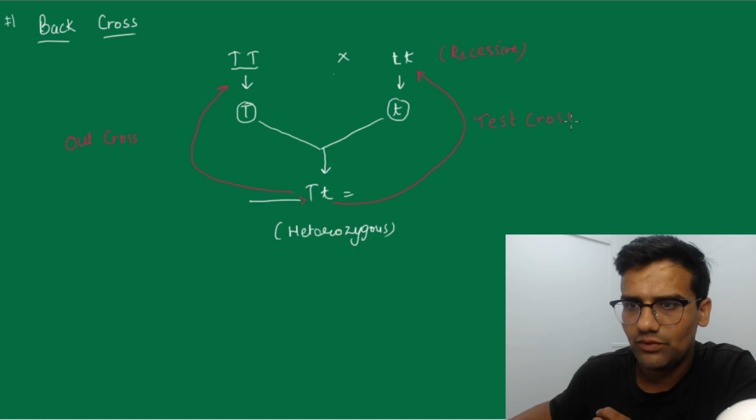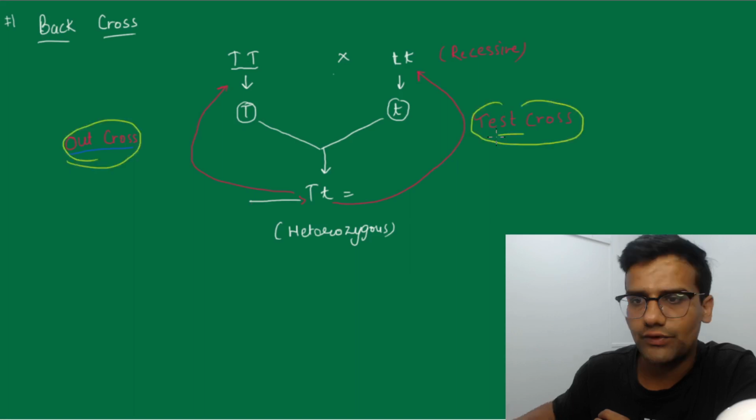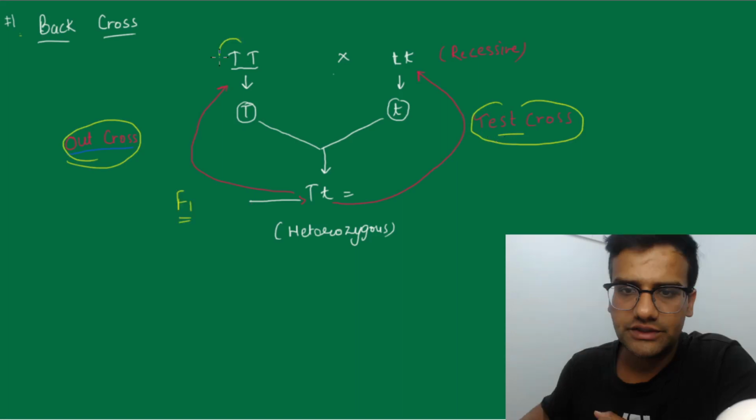So basically there are two types of back cross, the outcross and the test cross. Both of these crosses are part of back cross. If we cross the F1 generation with the homozygous tall plant, then it is said to be outcross.